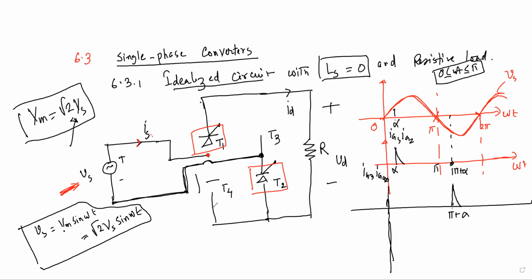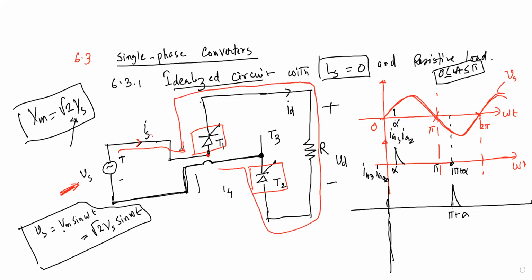So look at the circuit. Now the current, just follow my pen, please. IS will go this way, and if T1 or T2 is fired, then the current should go back just like your diode, right?